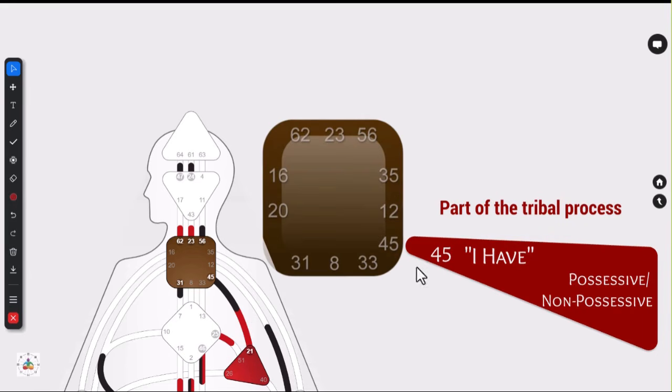So you hear this sense of entitlement that 45s have. The 45 says, I have or I don't have, and it's possessive or it's not. This voice is we have to, we must, we should, promise and prove.